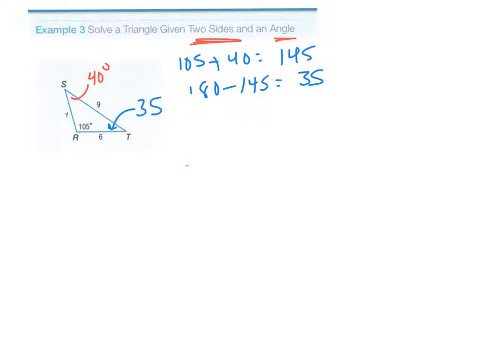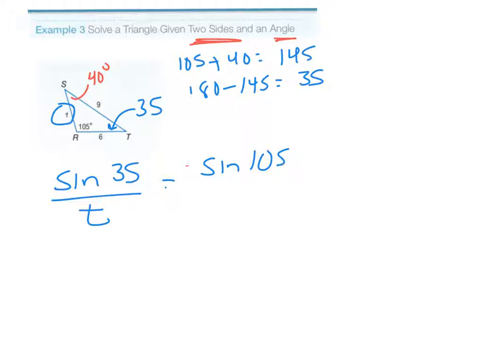Once I have the angles, I can now figure out t. So I can do the sine of 35, which is t, over t, and I'm going to use the sine of r, which happens to be 105 over 9. And now once again, the letters in the bottom, so these two are going to switch spots, and the 9 gets multiplied on the other side.